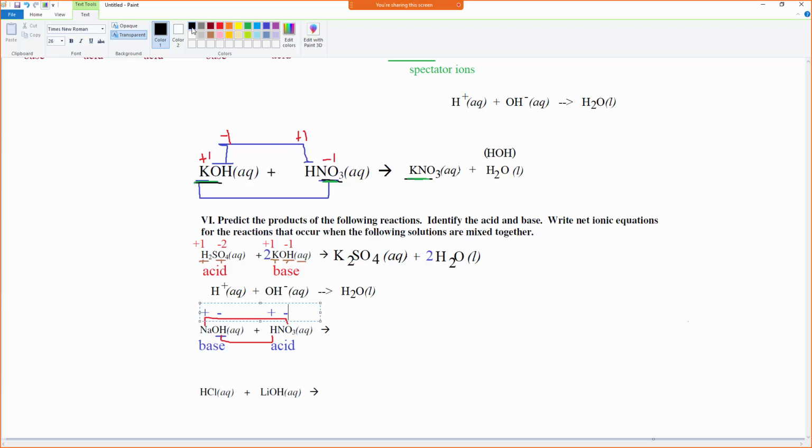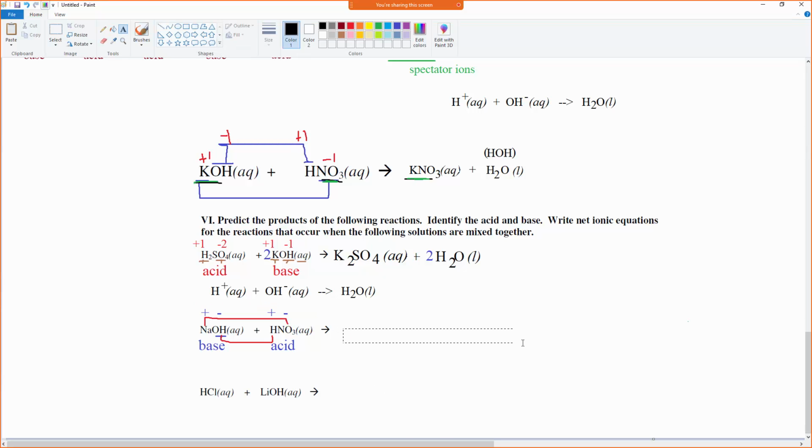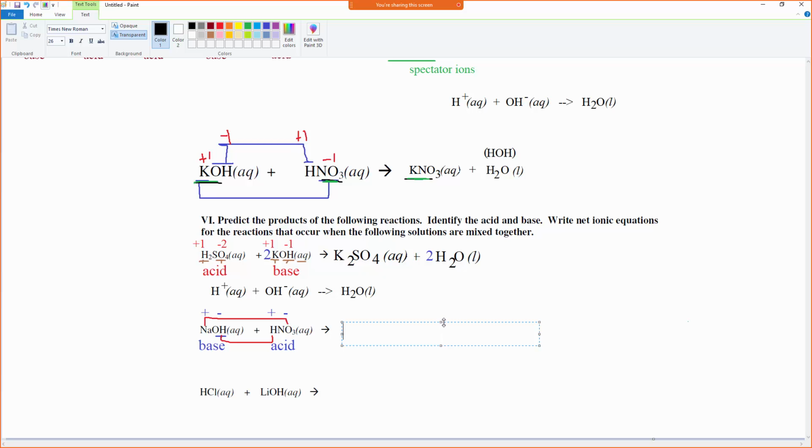Everything is 1 and 1. And so now we can just say, I put 1 sodium with 1 nitrate. Good. And then I add that to 1 hydrogen with 1 hydroxide, which makes HOH or H2O.